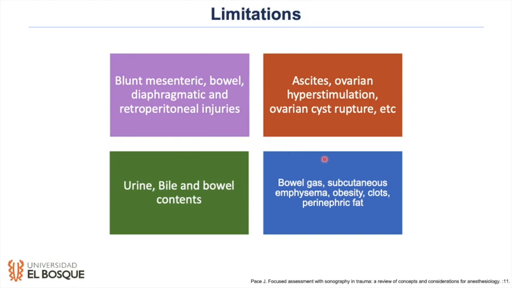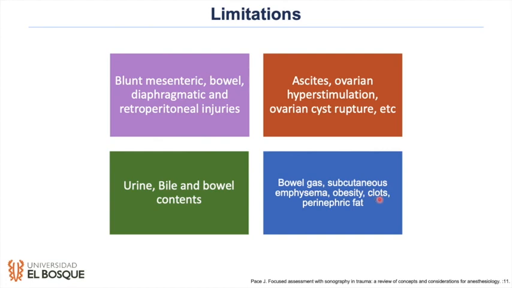And finally, remember that bowel gas, subcutaneous emphysema, and obesity can be the most common obstacles to full visualization. Also, patients with delayed presentation after the trauma may have hemoperitoneum containing clots, which can be of mixed echogenicity, and this one can be missed.